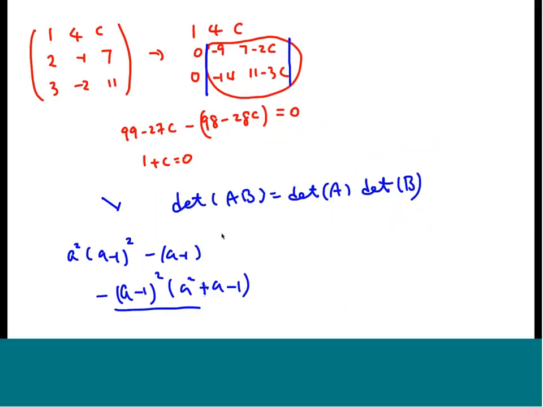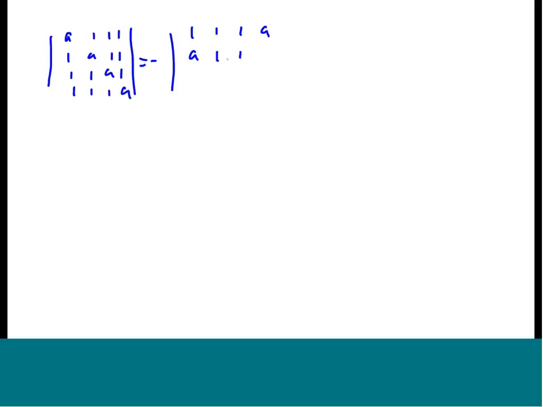Let's see, want to verify. I feel it's kind of weird. So equal negative. I want to put a 1 somewhere. 1, 1, 1, a, 1, 1, 1.